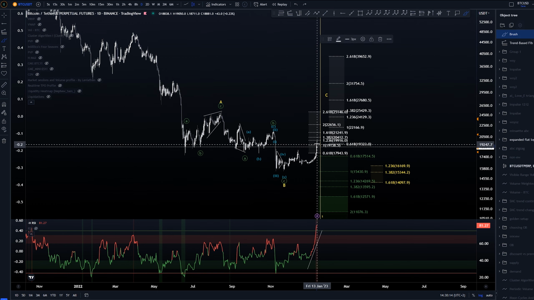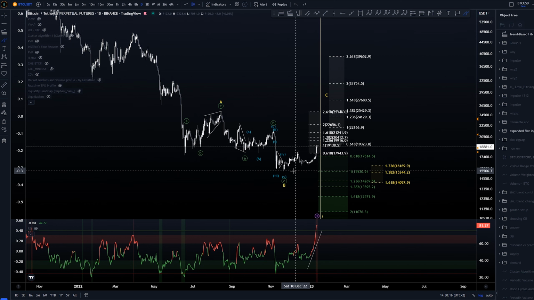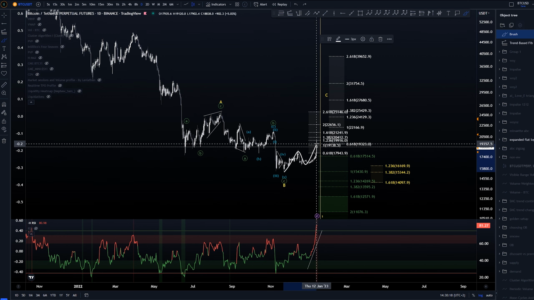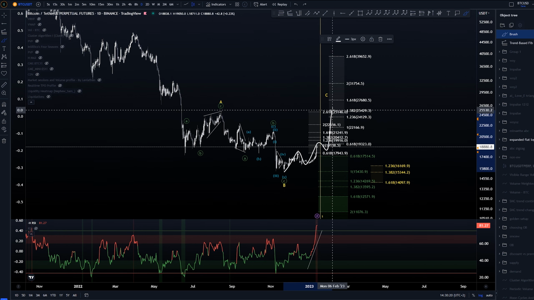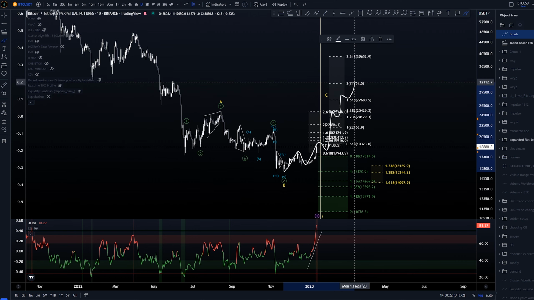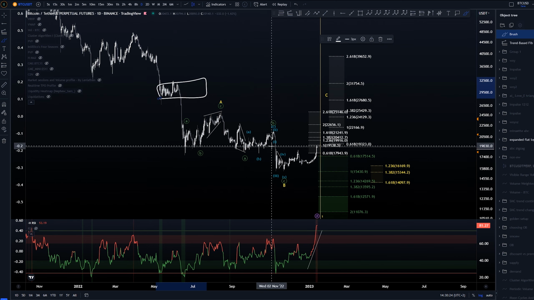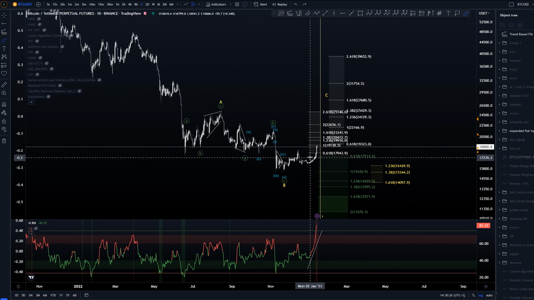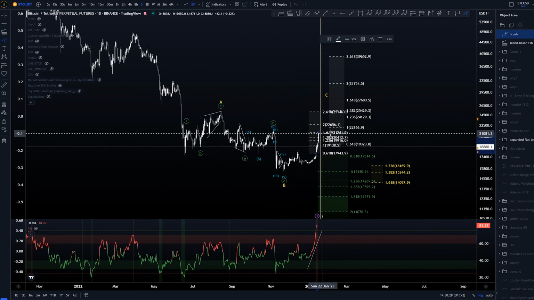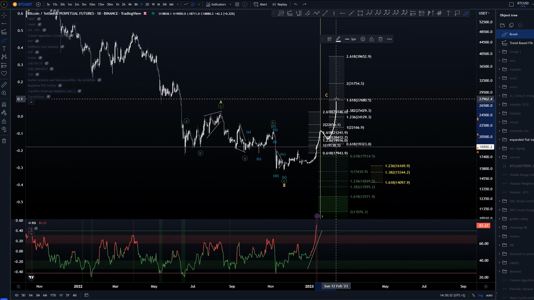This can be established by having this as a potential 5-wave move as well, where this would be a 1-2, 1, 2 structure, and then 3, 4, 5, 3, 4, and 5, then we would have the possibility of getting into these. Of course, we could have just a 1.618 extension here, coming back, and then we would have an extension on the 5th.